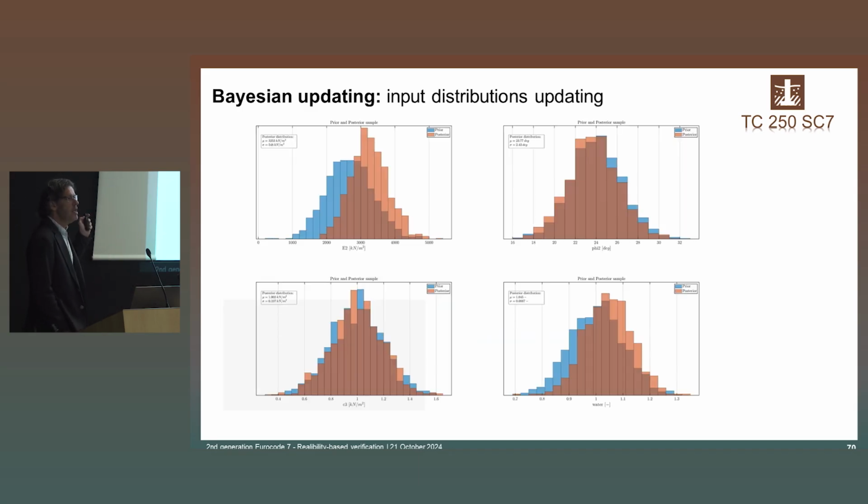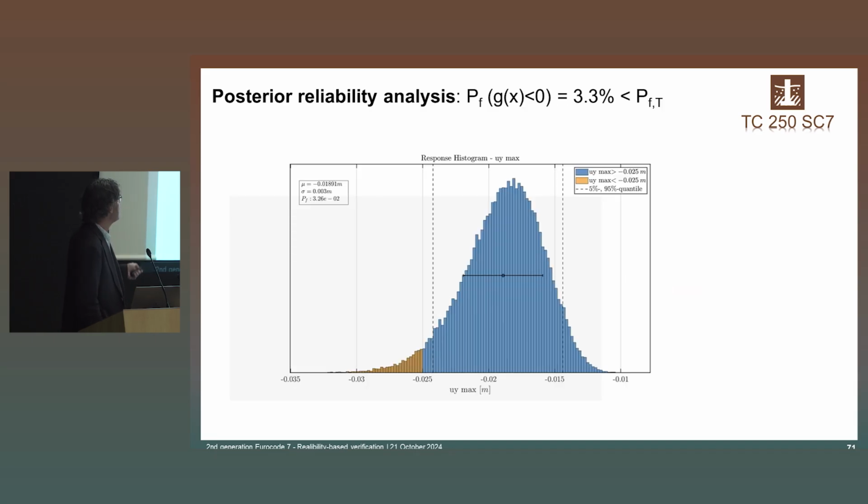input. If I update these distributions, then I can rerun the probabilistic analysis, the reliability analysis, and then what do I get? I get that the probability of exceeding these 25 millimeters is no longer 20%, but with this new information, it's 3%. So I'm very happy.